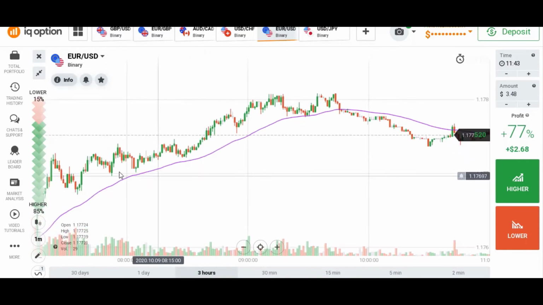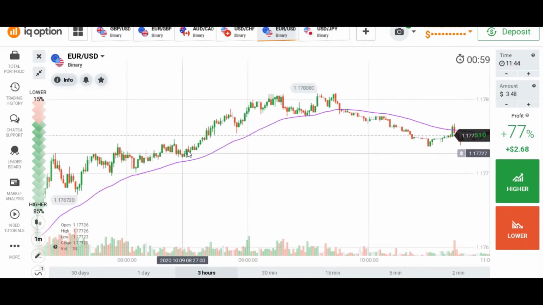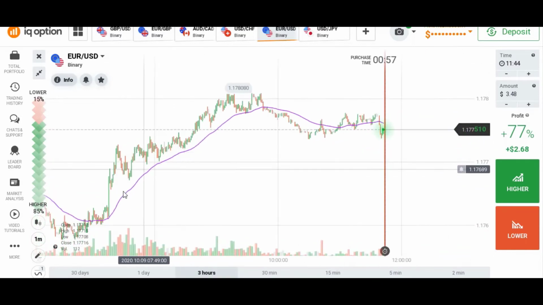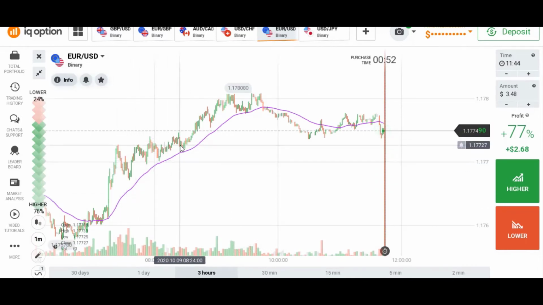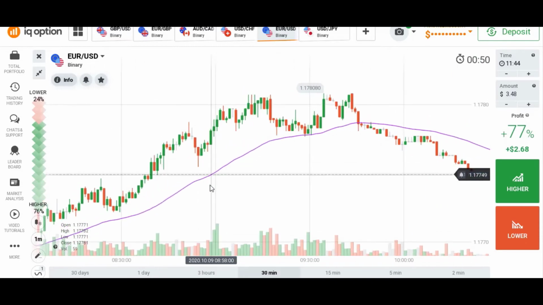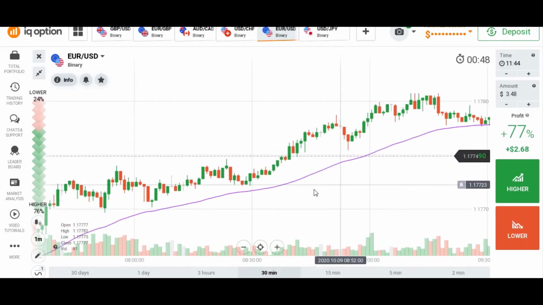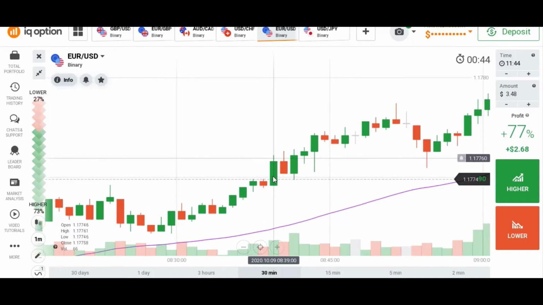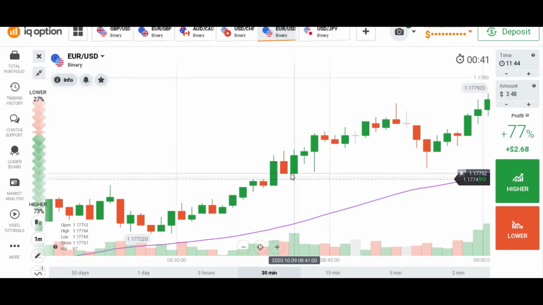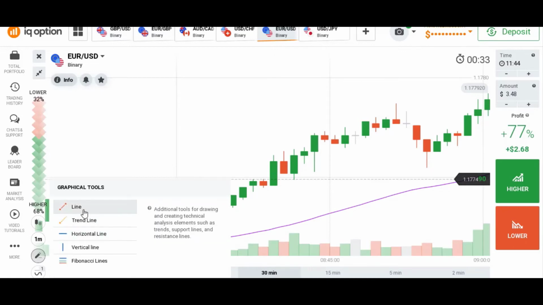This is a strong uptrend here. The market goes up, and suddenly we find this type of strong candle. Yes, this type of strong candle. So how can we draw the 50% level of this candle accurately? Go to this option and select line.